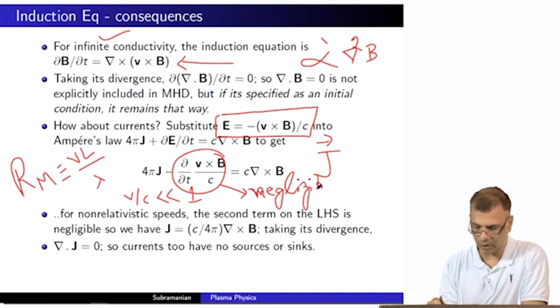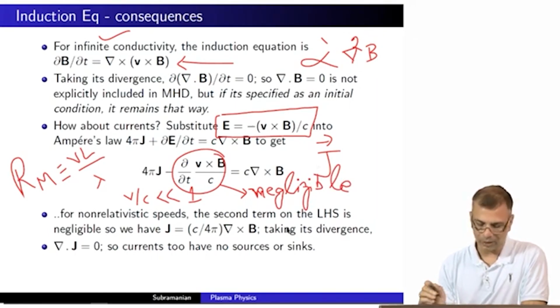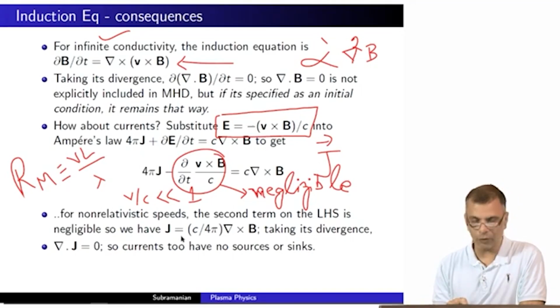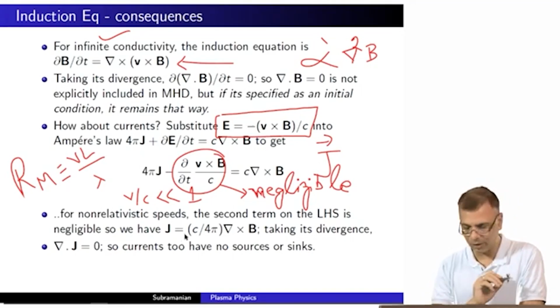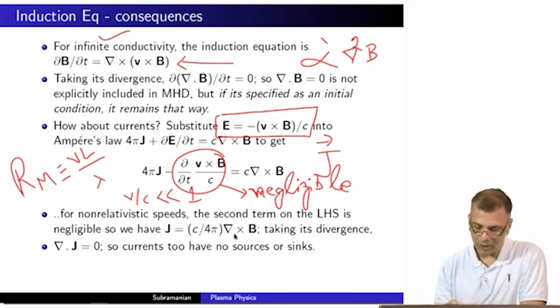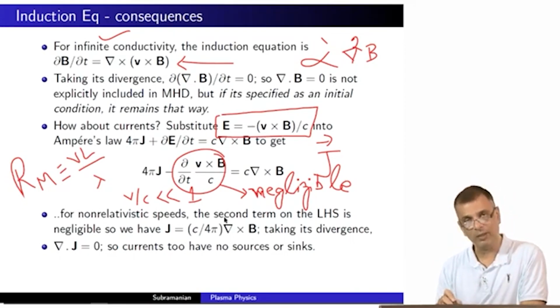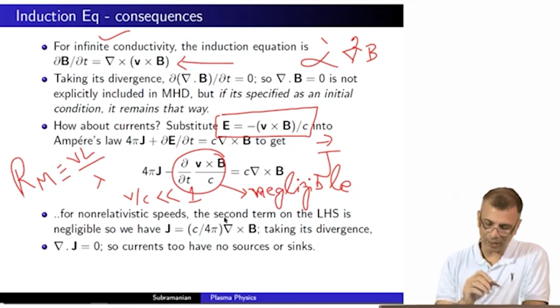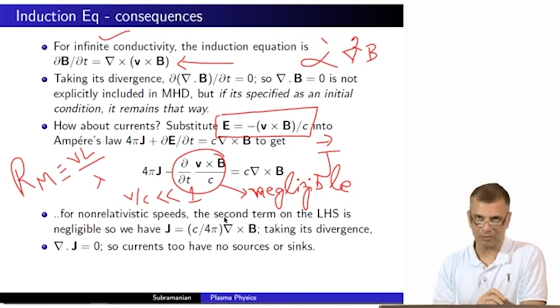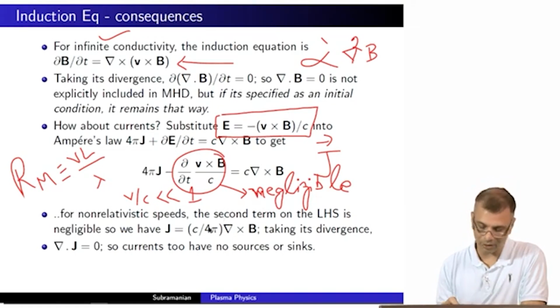So we don't consider this term, and so you simply have J equals C times curl of B, right? And if you draw an analogy with the electrodynamics that you already know, you will immediately recognize that this is just the displacement current term. Okay, the regular current is not there at all. Okay, the non-displacement current part of it is not there at all.